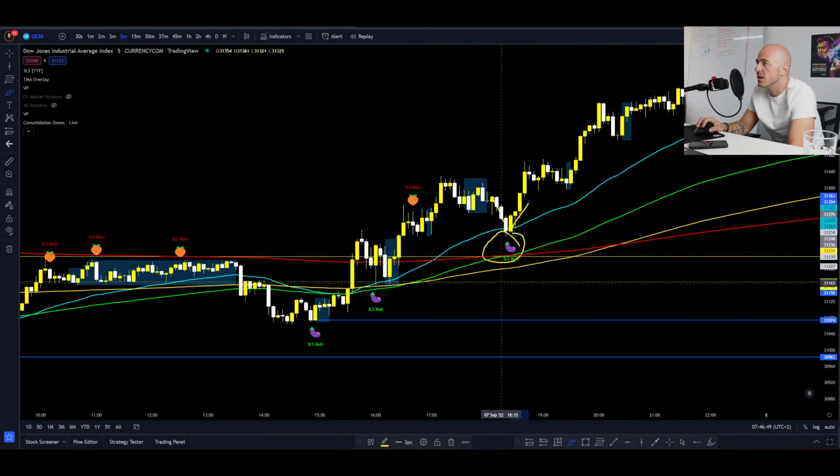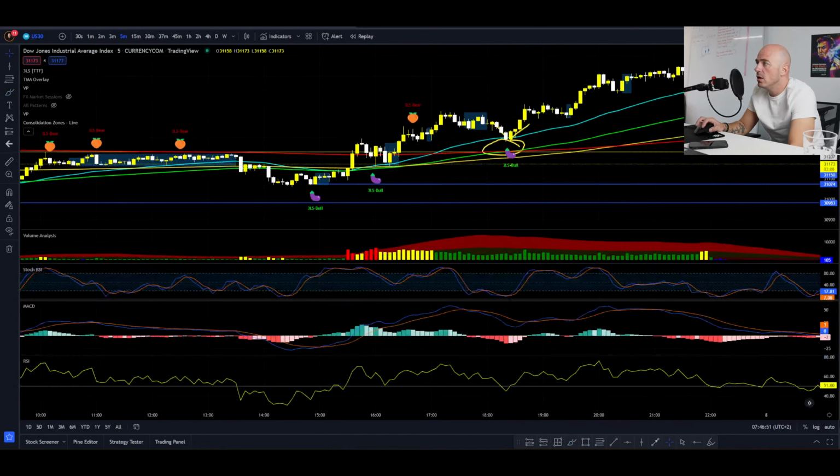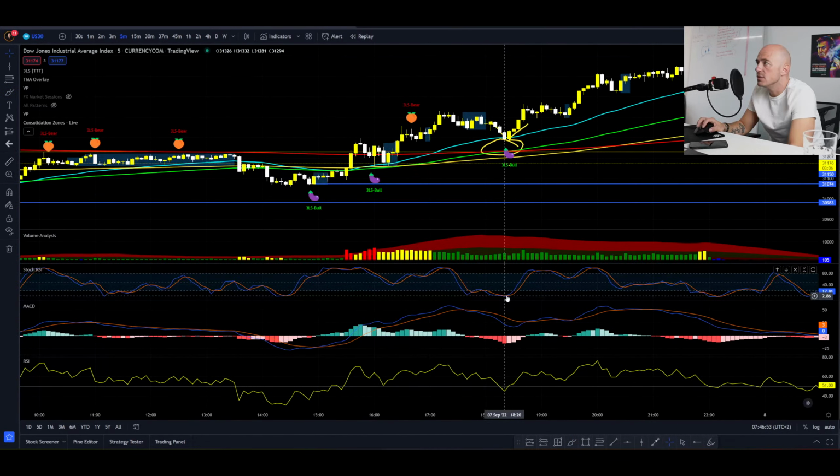That's your perfect setup. All of the other confluences at this point: crossing over, MACD didn't line up, RSI didn't line up. Oh yeah, a little bit, just above the 50.